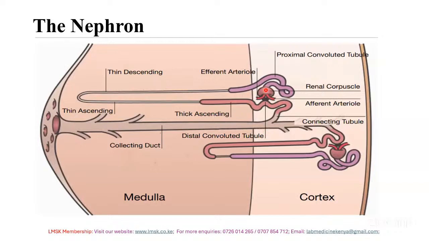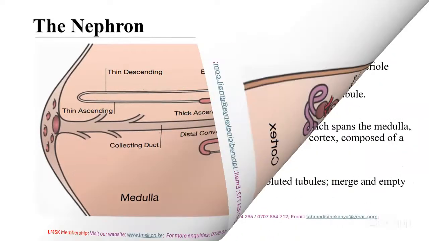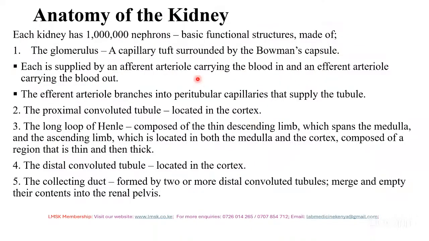Once the materials have been cleared or sieved, they'll exit the Bowman's capsule, this particular structure, through the efferent arteriole, which will then divide into the peritubular capillaries that will collect materials after reabsorption. So that's basically the setup. And as we look at the individual tests, we shall know where they are getting reabsorbed, cleared, and all those kinds of information from the presentation.